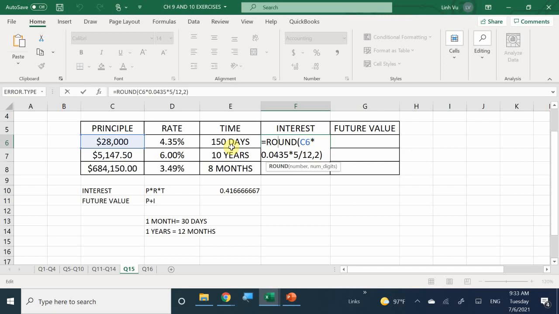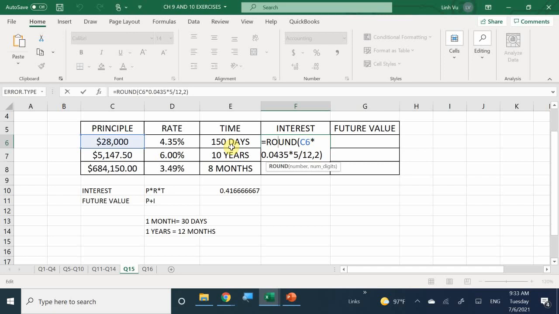That's why we have to convert the time in terms of years. So instead of calculating on the side what 5 divided by 12 is, I just placed it into the formula, because in this case, order of operations doesn't matter. At the end of the day, you're taking the total amount and dividing it all by 12 anyway.